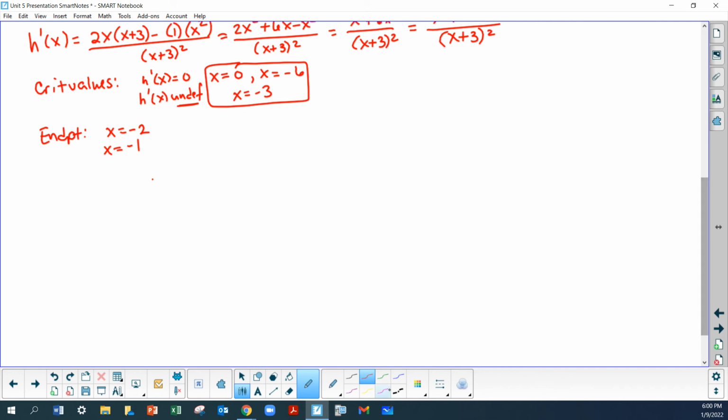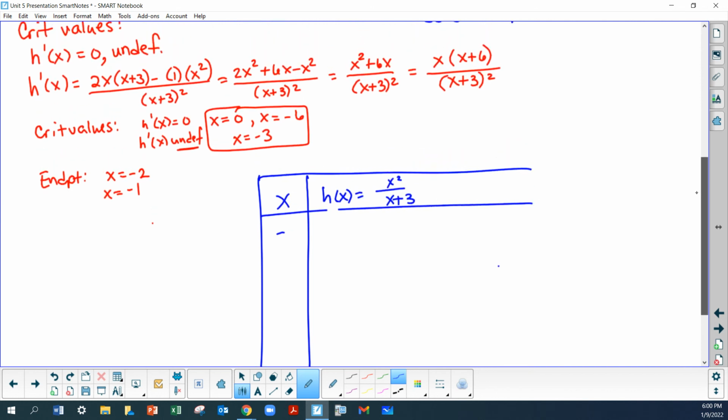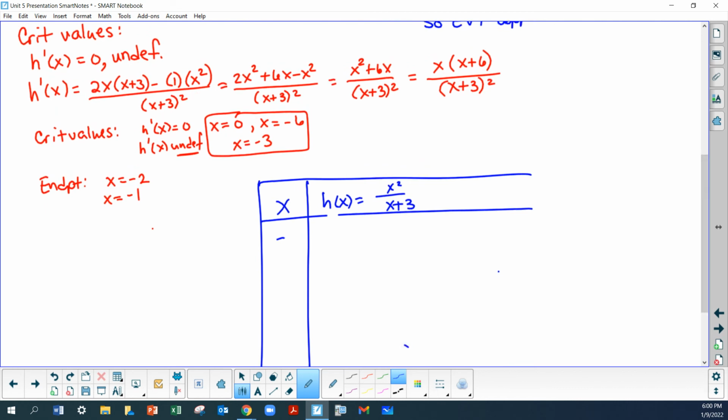All right, I think I'll be fine there. So creating my candidates table, I want x, I want my function, was it h of x, darn it. H of x was equal to that quotient of x squared over x plus 3. And we might as well list them out. I was going to list my endpoints, which are negative 2 and positive 1.